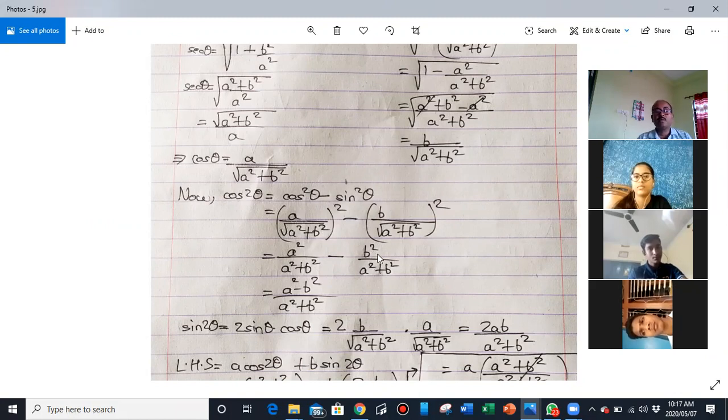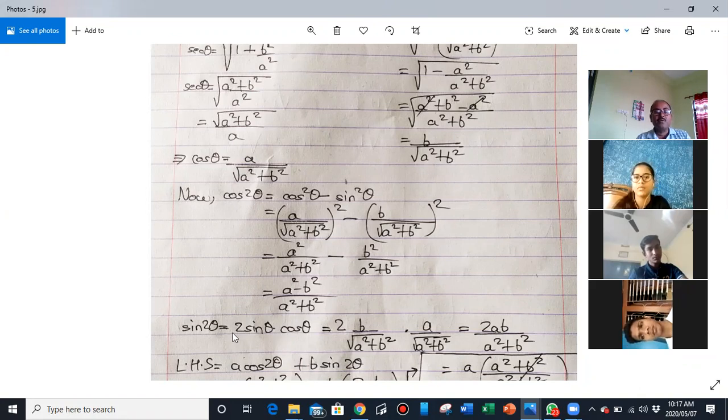This side, b square upon a square plus b square. So take LCM, it will be a square minus b square upon a square plus b square. This is cos 2 theta. Gradually we are doing this: first we found cos theta, then sin theta, now cos 2 theta.